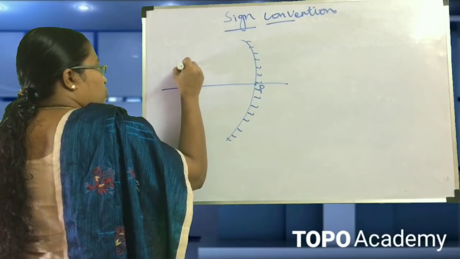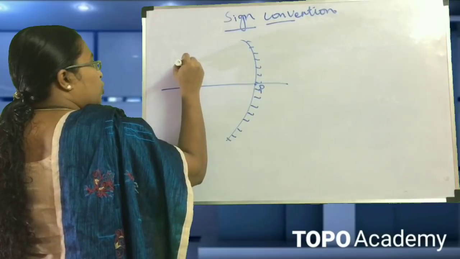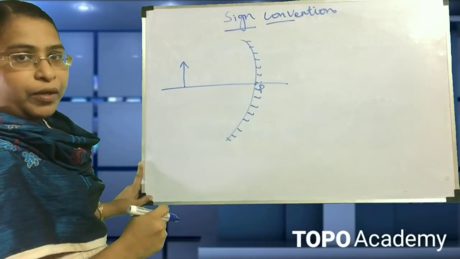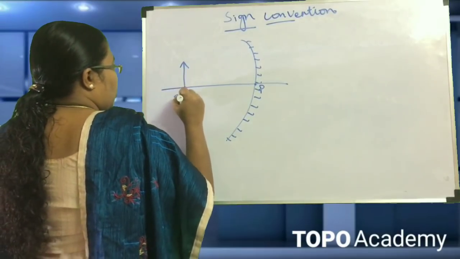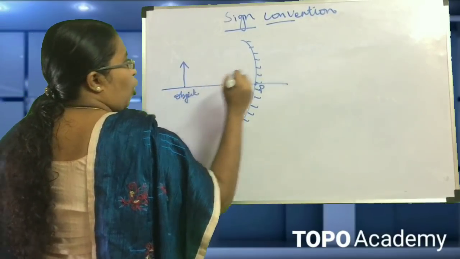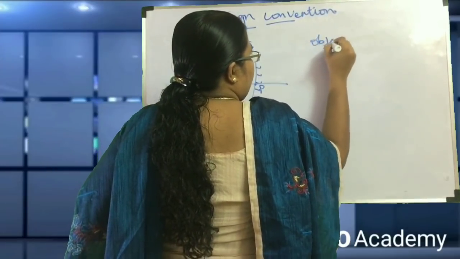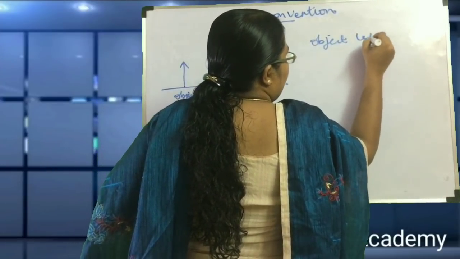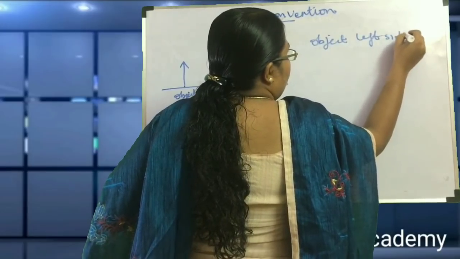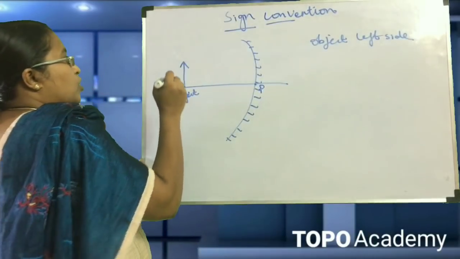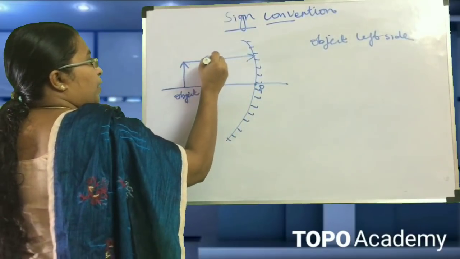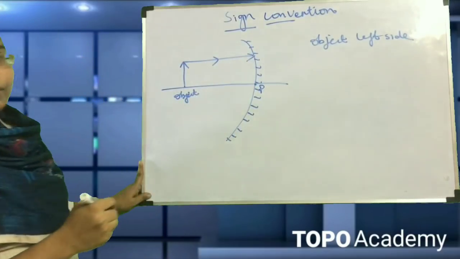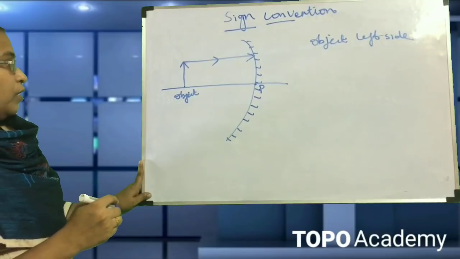The first rule is we have to keep the object only on the left side of the mirror. This is the object. We have to keep the object on the left side of the mirror. So the incident light is coming from the left side of the mirror.